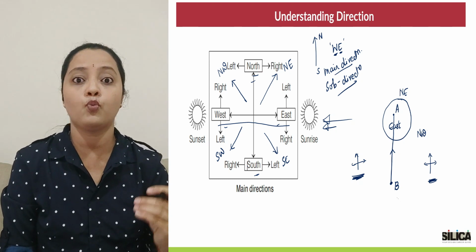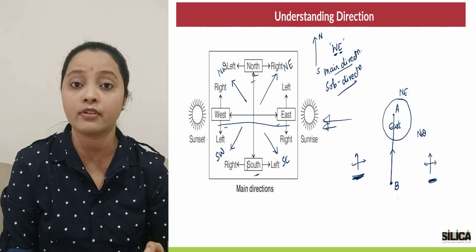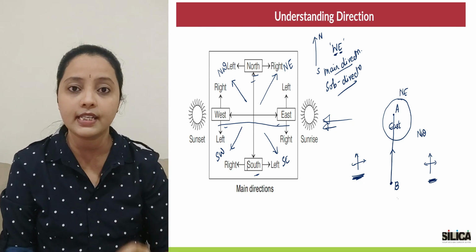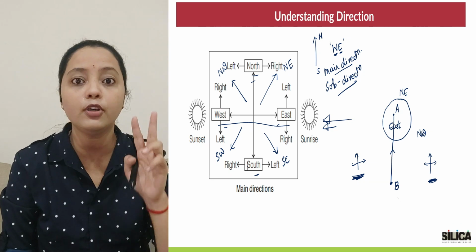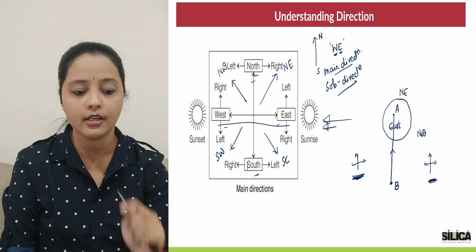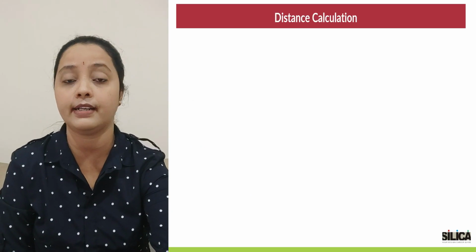So this is one important point in direction sense that you'll remember: you cannot use a single point to identify a direction, but will instead require minimum 2 points for identification of direction. Idea clear? Okay, so this was all about understanding directions.